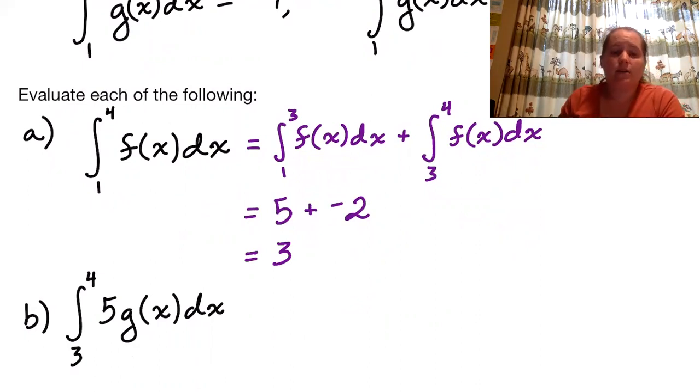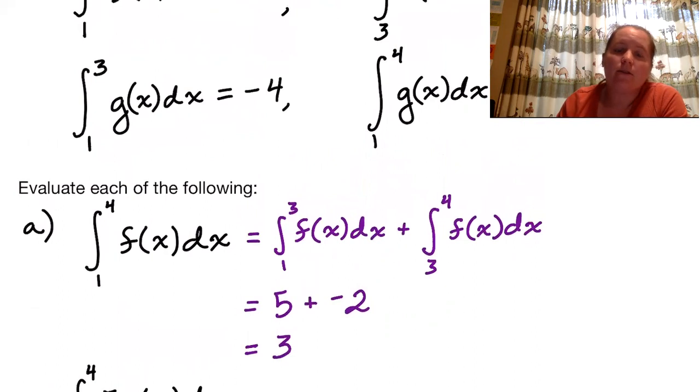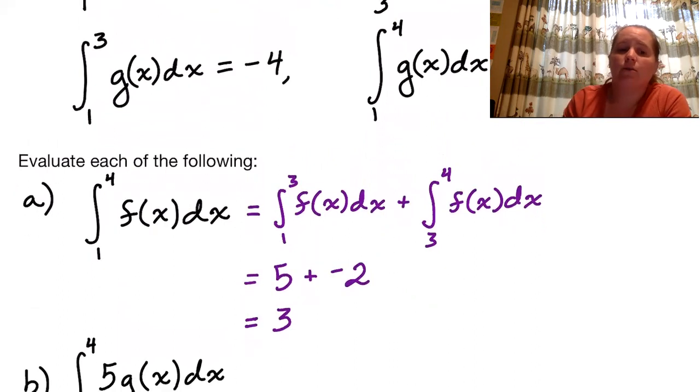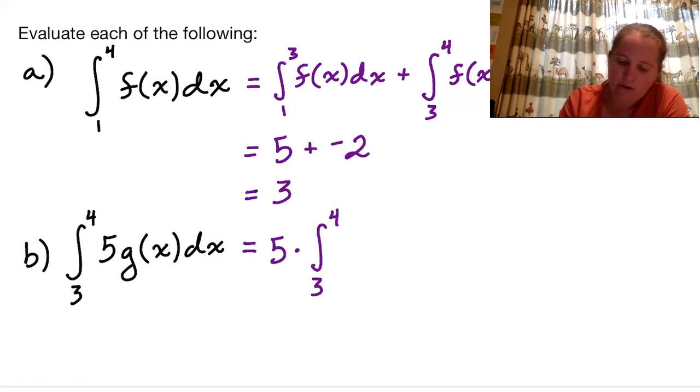Next up, we wish to find the definite integral from 3 to 4 of 5 times g of x dx. So we happen to know the definite integral from 1 to 3 and the definite integral from 1 to 4. We do not know 3 to 4, but we can get there. The first thing I'm going to do is pull out that 5. So this is 5 times the definite integral from 3 to 4 of g of x dx.